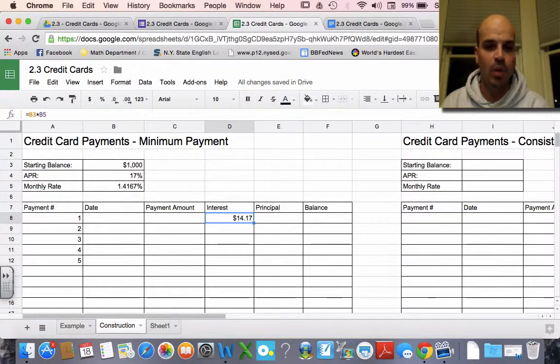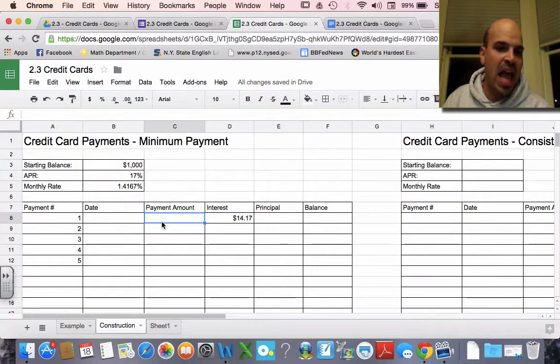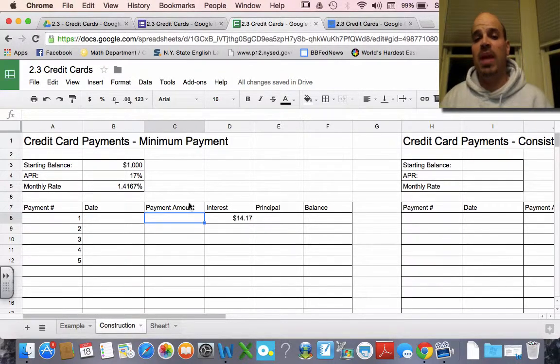Now, I could pay the bank as much money or as little money as I want, except that there is a minimum payment. Banks don't just say, pay us whenever you want. They say, if you don't have the money, you're going to have to make what's called a minimum payment.